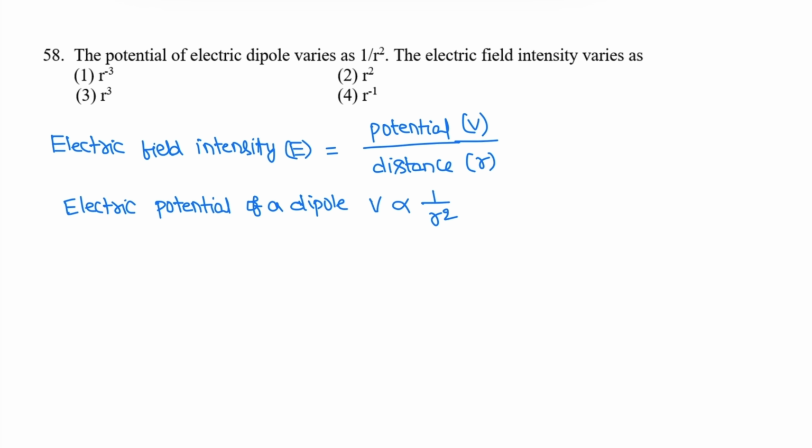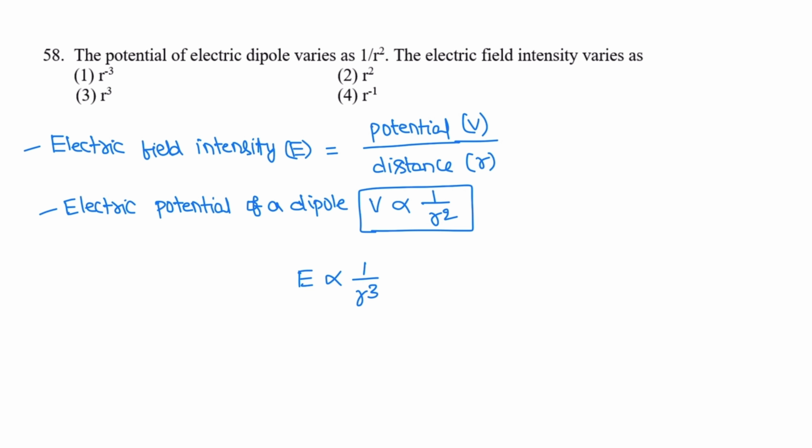Next question. The potential of an electric dipole varies as 1 by r square. The electric field intensity varies as... We know that electric field intensity is potential per unit distance r. As the electric potential V for a dipole is directly proportional to 1 by r square, or inversely proportional to square of distance, from this, electric field is proportional to 1 by r cube.